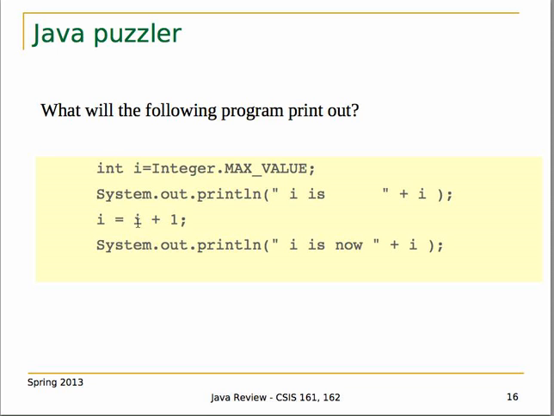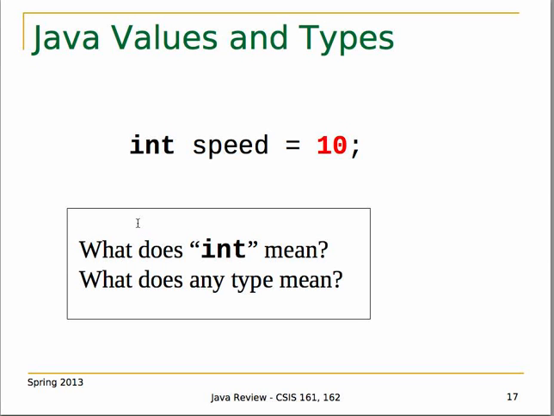Why is that? Well, that's the limitations of hardware. And every programmer should be aware of these limitations. Okay, so next up we'll take a more focused look at values and types in Java.